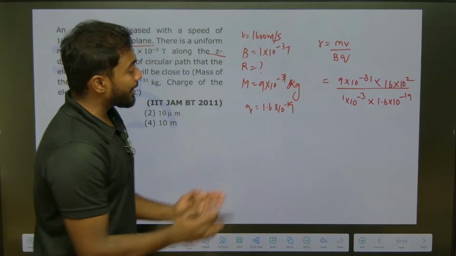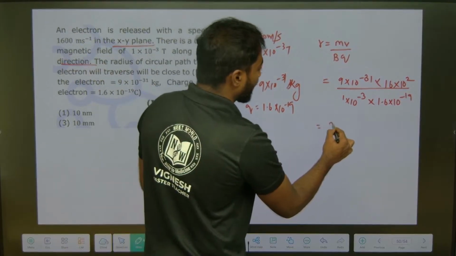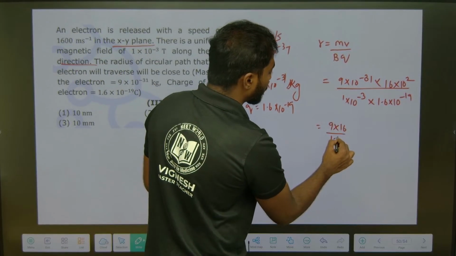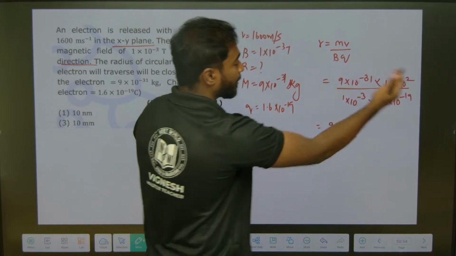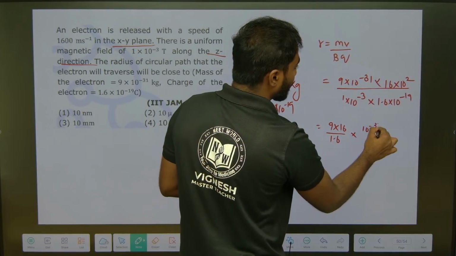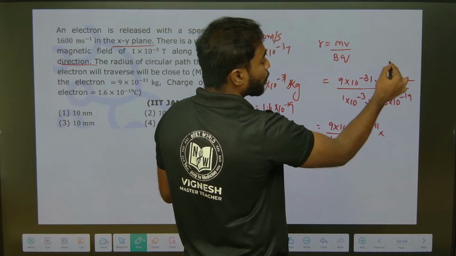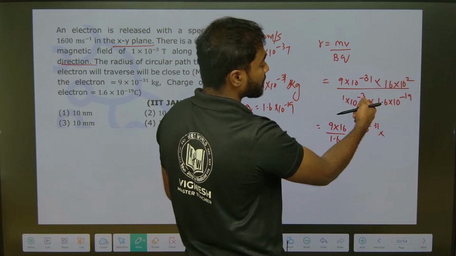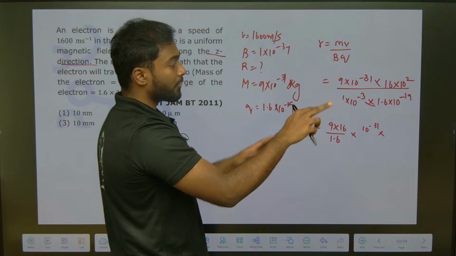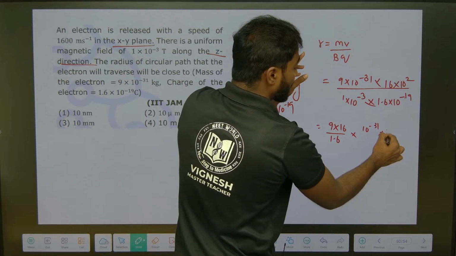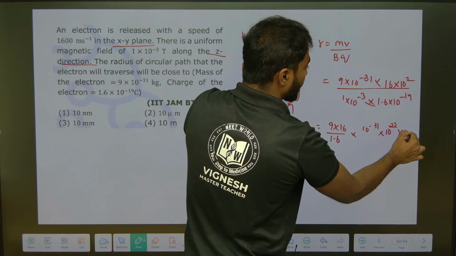Let me take the values 9 into 10 power 16 divided by 1.6 on one side. For the remaining powers, minus 3 and minus 19 move up, so it will be plus 22.